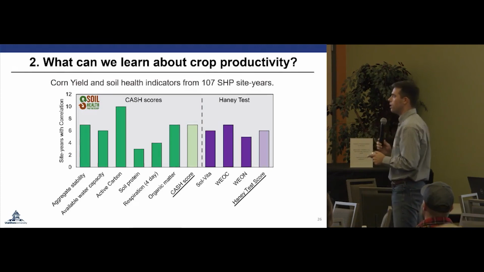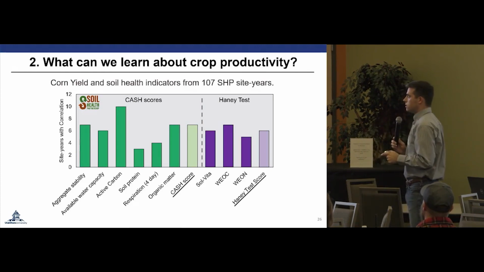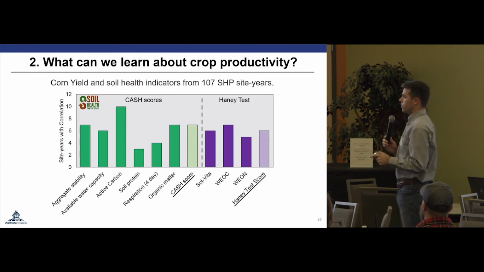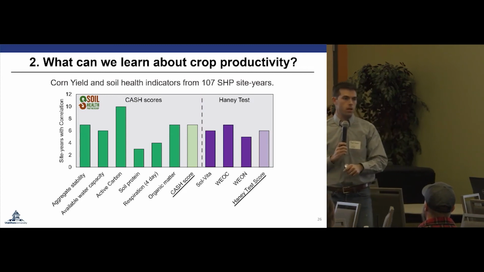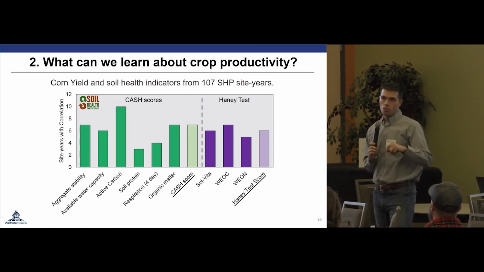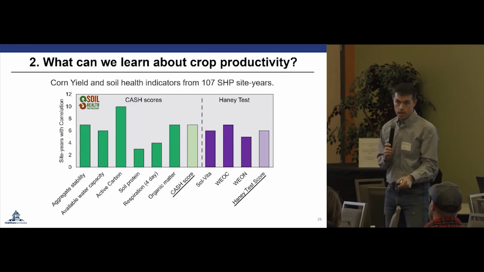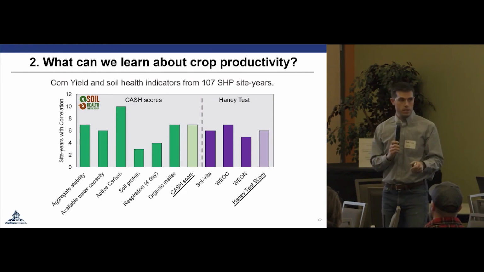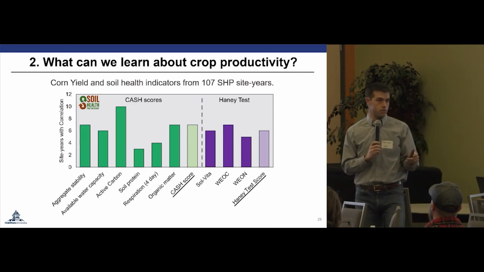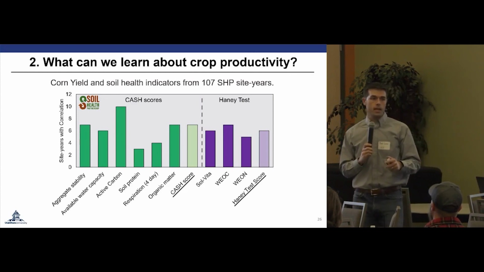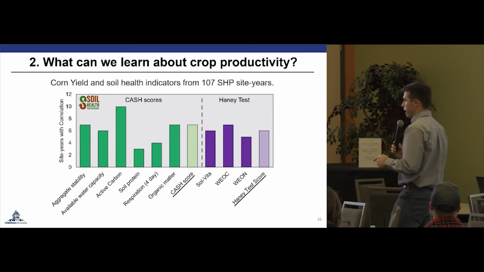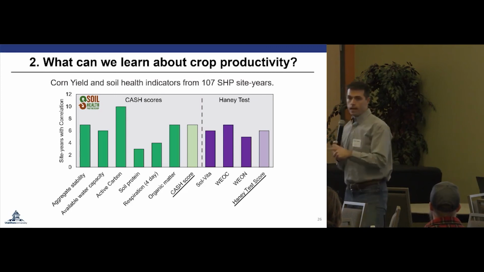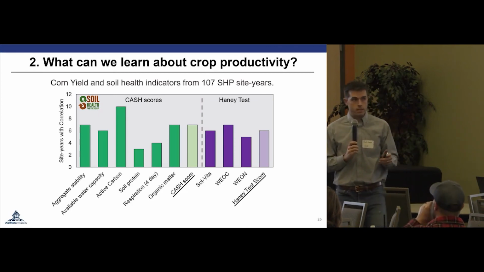And you say, okay, well, if there are only 7 or 8 site years out of 107 that had a significant correlation for corn yield and the CASH score, when we're saying, okay, go out and take a soil health sample, have your soil tested for your soil health assessment, get a score, and then make a management decision based on that. But you're saying that the score and yield are only correlated less than 10% of the time.